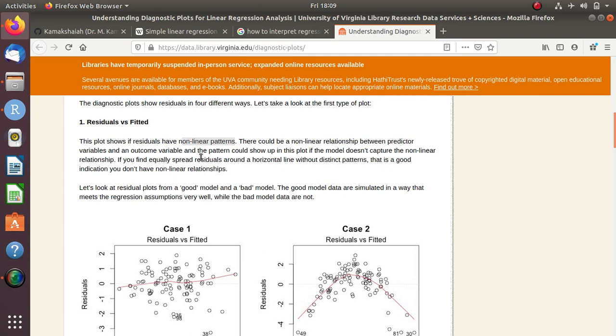One important and fundamental assumption, actually we need to test all these assumptions well before performing the simple linear regression. The residuals should not show a non-linear pattern. In simple linear regression it should be linear. If it is non-linear, then simple linear regression is not a suitable technique for that situation. That particular assumption can be observed with the help of the residual versus fitted graph.